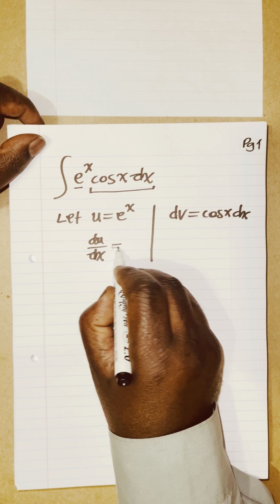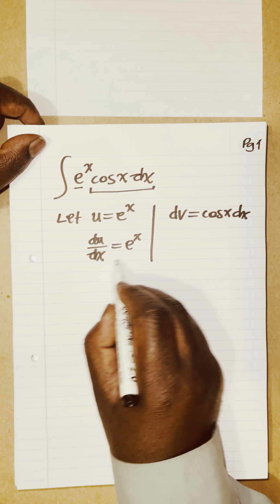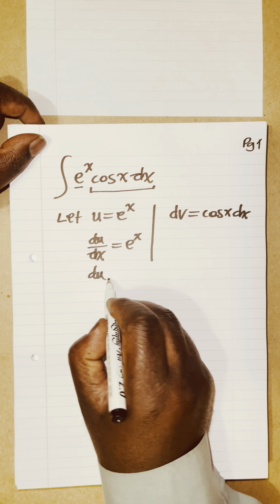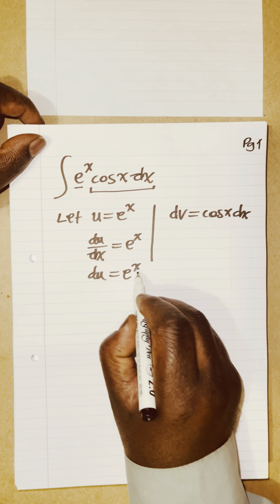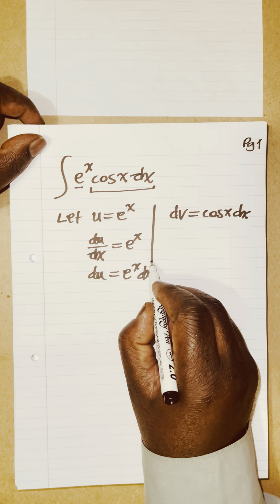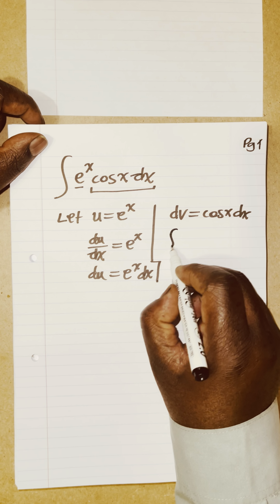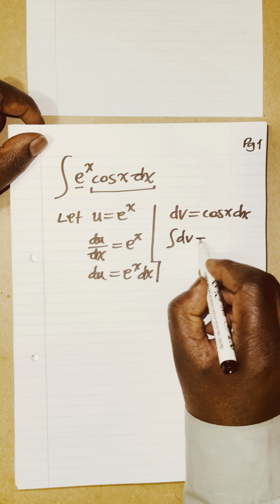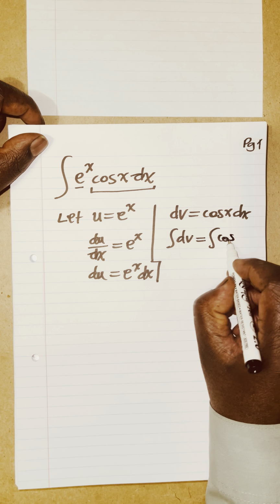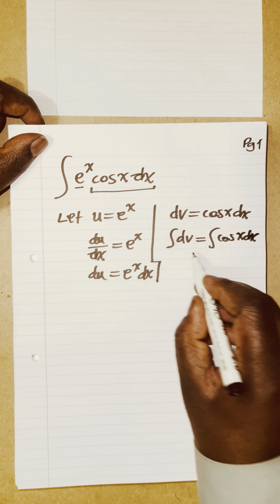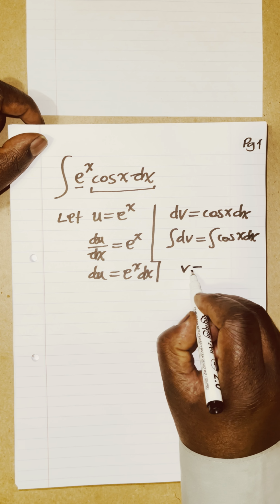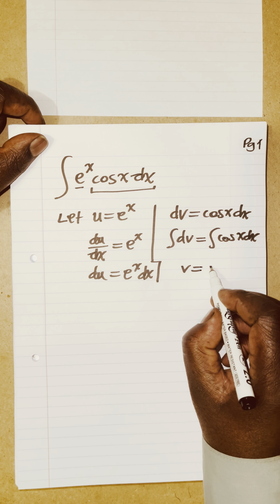You'll agree with me that this is just e to the power x, multiplied by dx both sides. du is equal to e to the power x dx. Now coming this side, we integrate both sides. So the integral of dv must be equal to the integral of cos x dx. Well, the integral of dv is just v, and the integral of cos x is just sine x.